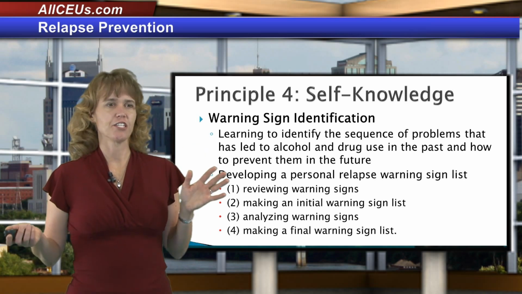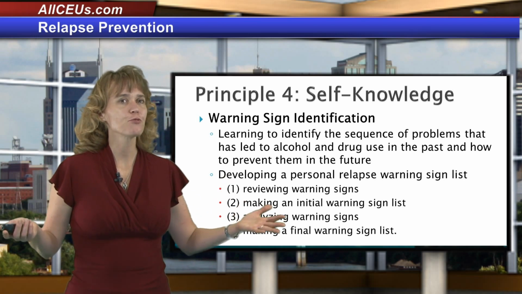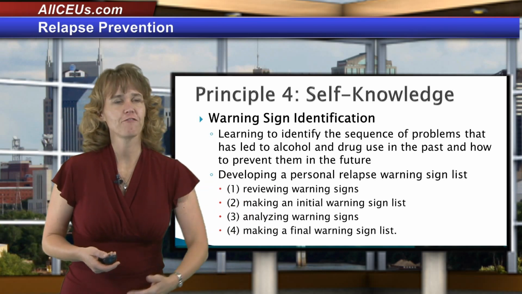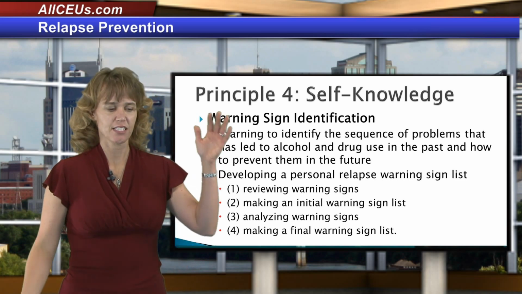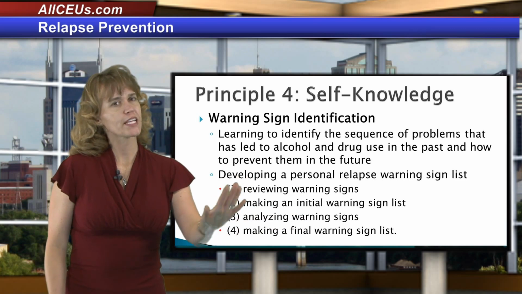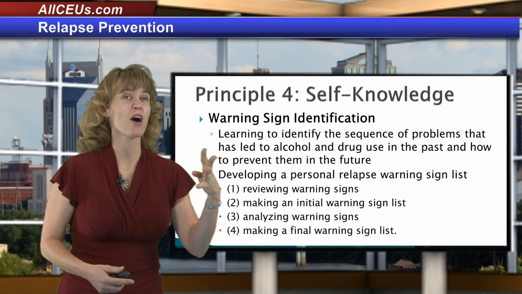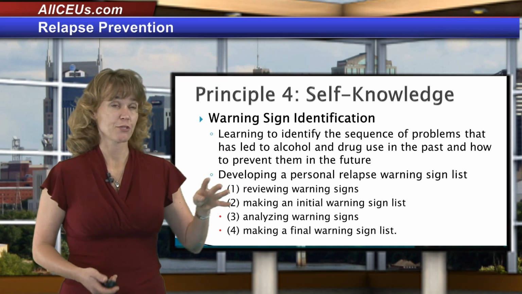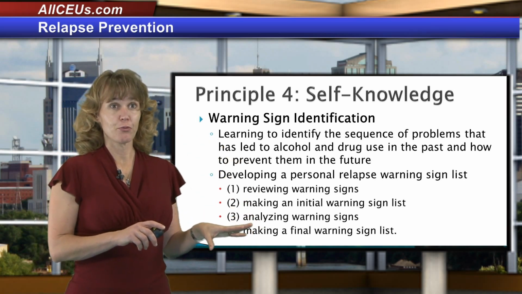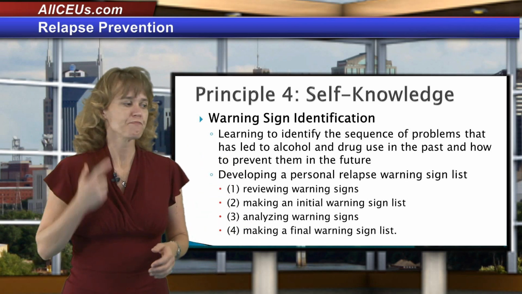I call it a pseudo-final warning sign list, because life will continue to evolve and so will this list. But make a final warning sign list and say, okay, these are your warning signs. Go back through the relapse episodes and identify the top 3 or 4 most common warning signs, because most of us have a pretty standard set of behavior that we regress to when we're in the throes of a relapse.